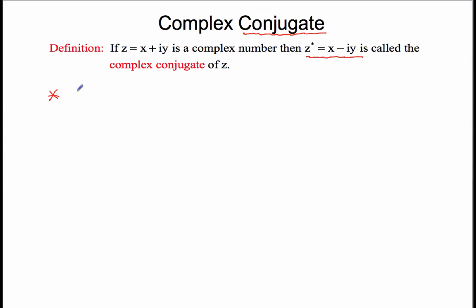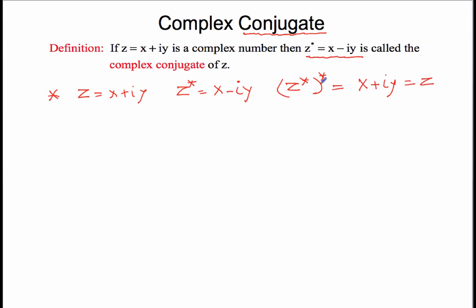So, if I take a complex number x plus iy, then of course z star is x minus iy. And if I take the complex conjugate of z star, so the conjugate of z, well, then I have to change the sign of i again, and so that becomes x plus iy, and that's z.